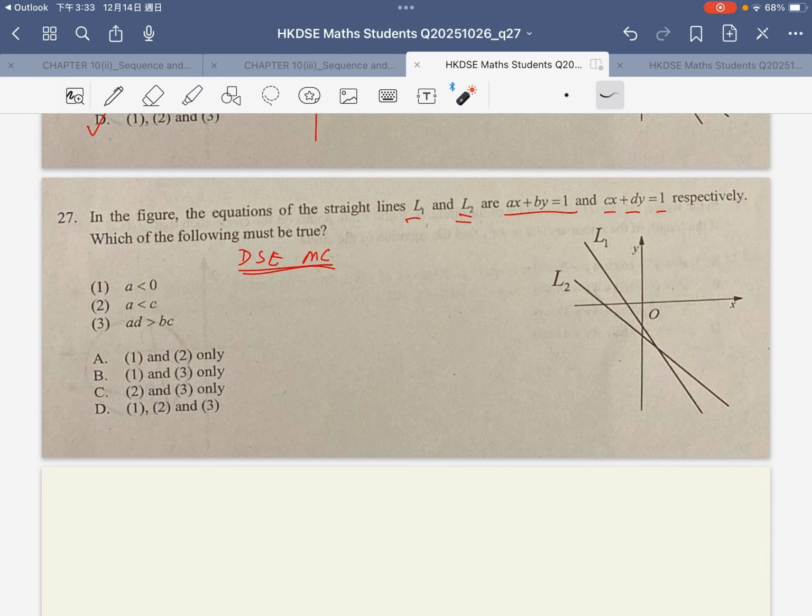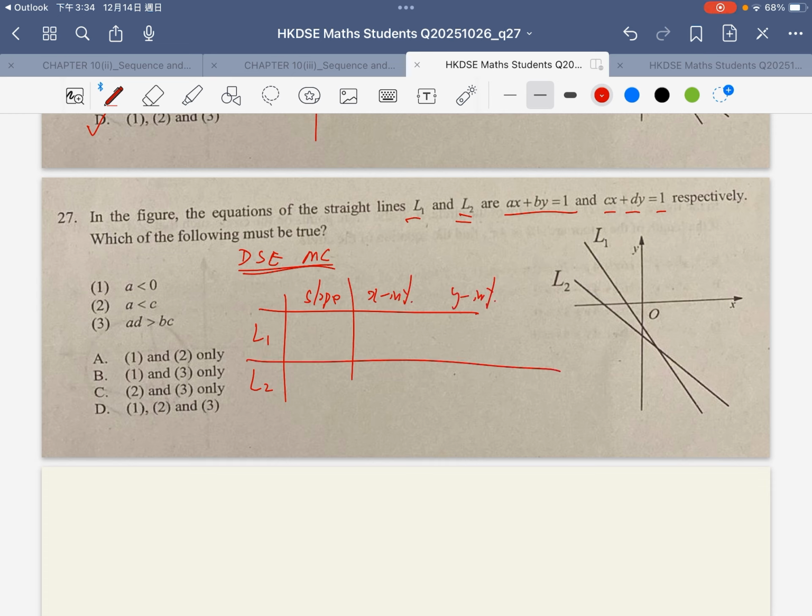Therefore, in this case, we first calculate the three important items for L1 and L2. They are slope, x-intercept, and y-intercept. Yes, very important. For L1, the slope is negative a over b.